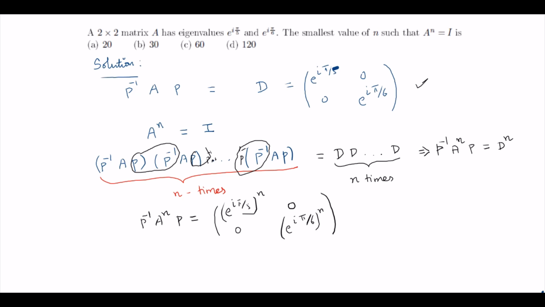This is nothing but e power i n pi by 5, 0, 0, e power i n pi by 6. That's all. Okay. Next, it is given that A power n is equal to I. So it is given.